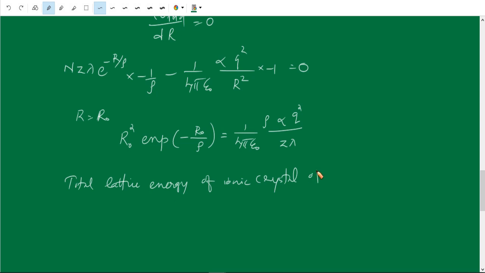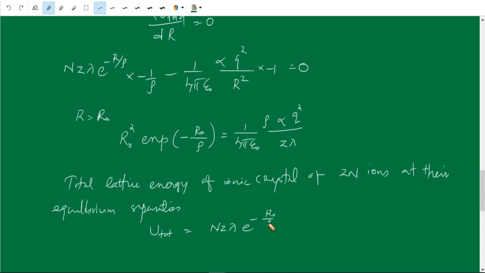Thus the total lattice energy of an ionic crystal of 2n ions at their equilibrium separation is U total equal to n z lambda e raised to minus r0 by rho, minus n divided by 4 pi epsilon 0 alpha q square by r0.